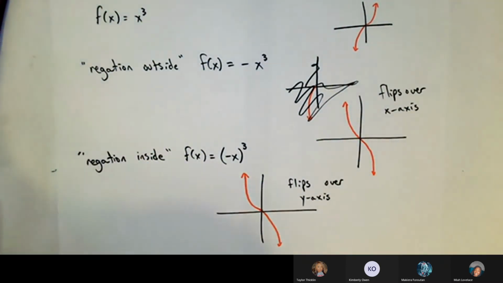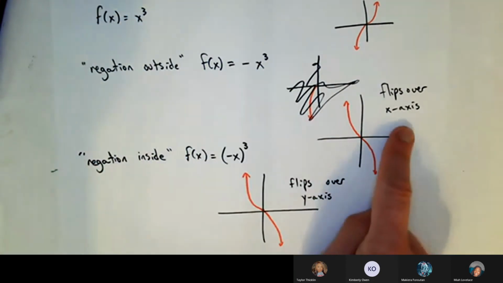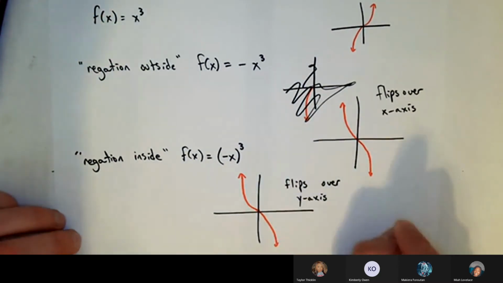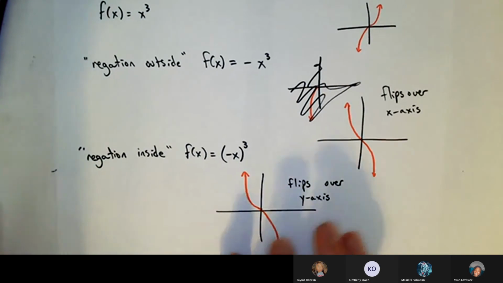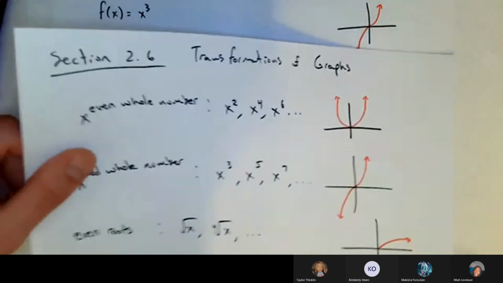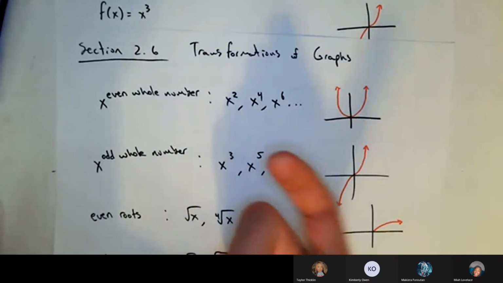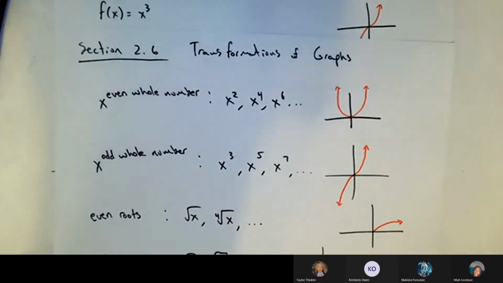What you should remember is that negating outside flips it over the x-axis. Negating inside flips it over the y-axis. When you go to draw these things, flipped over the y-axis or whatever, if you're trying to flip a parabola over the y-axis and you draw it flipped, that's when you should remember and say, oh yeah, it doesn't matter for a parabola, and you can proceed from there.